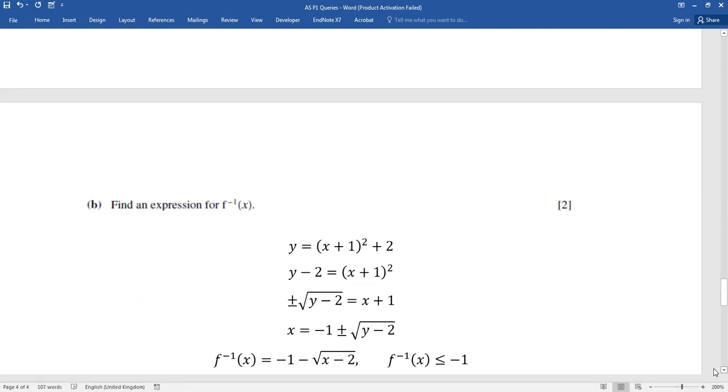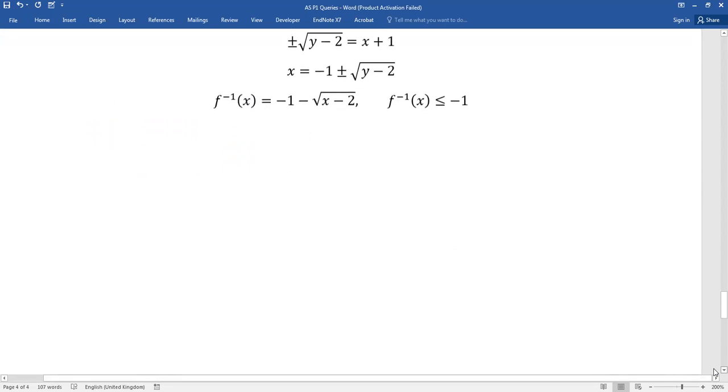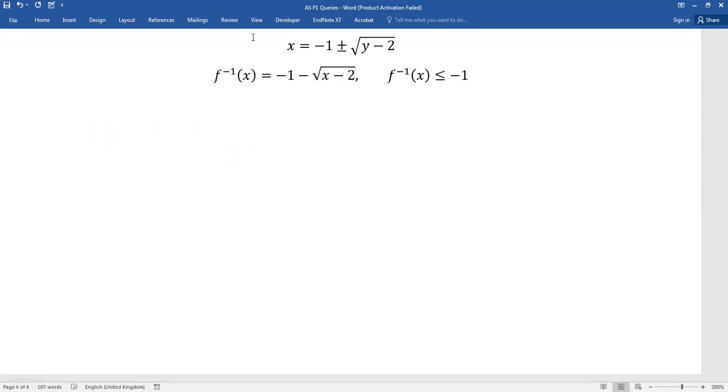The domain of the function is stated that x is less than or equal to -1. So I can say that f inverse of x will always be less than or equal to -1. Now if I know कि -1 से छोटा होना, it has to be lesser than -1. So I'll use the negative sign with the root. Is this clear? That's it.